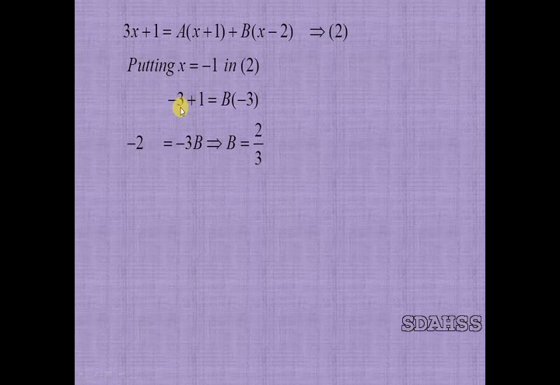Then -3 + 1, that is -2, is equal to -3B. The minus signs cancel, so B is equal to 2 by 3.